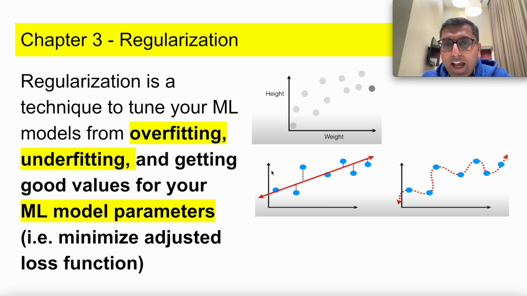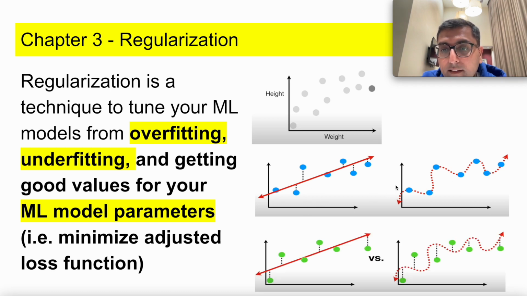So we have a test data set, and we could fit a linear line, or we can have a quadratic equation that we can fit. And very quickly we can see that this quadratic equation is an example of overfitting, whereas this line is not that example. So that's just one simplistic example of what overfitting is.